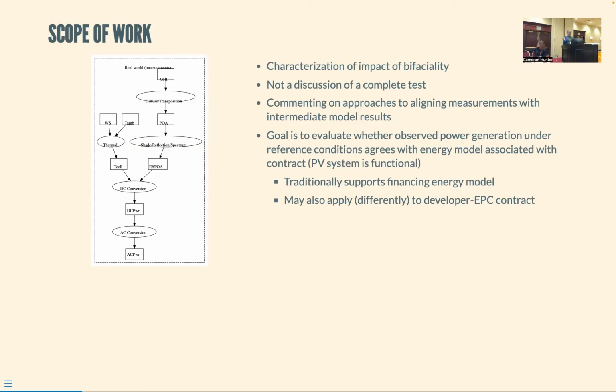But as has been mentioned earlier today, the goal is basically to say, under reference conditions, what would be the power coming out of the system? It's worth noting that the point of comparison is a model, and that the model is probably imperfect. It is what we had available, what the modeler decided covered enough of the bases to get a reasonable answer without being too excessively detailed.